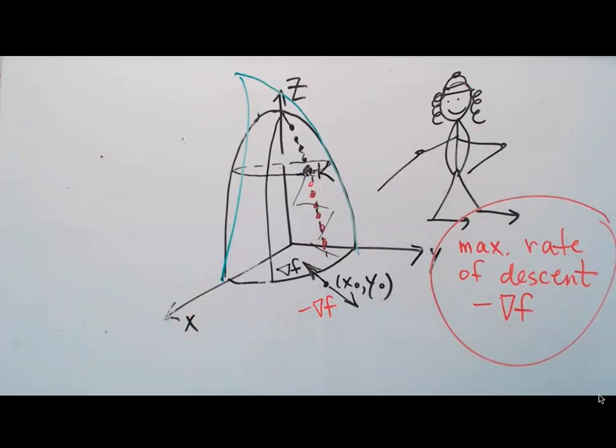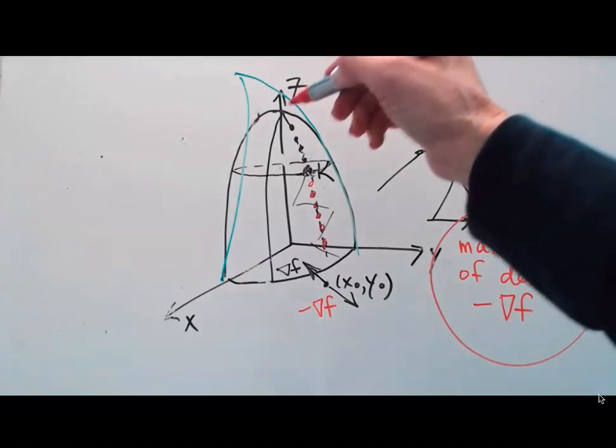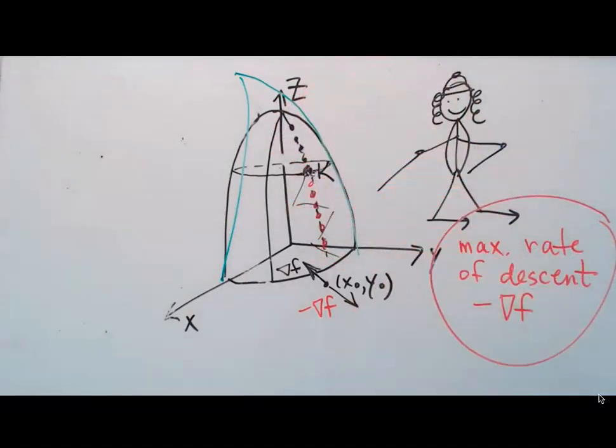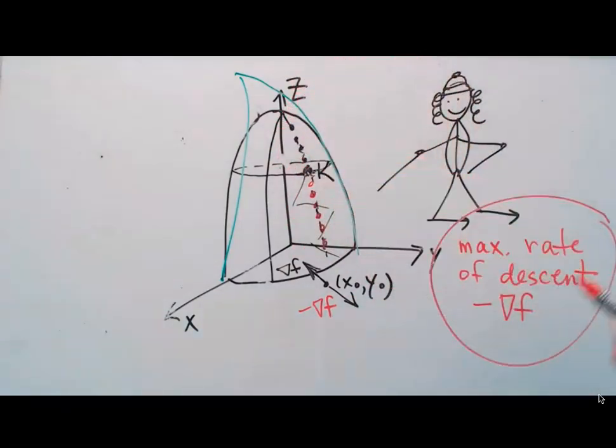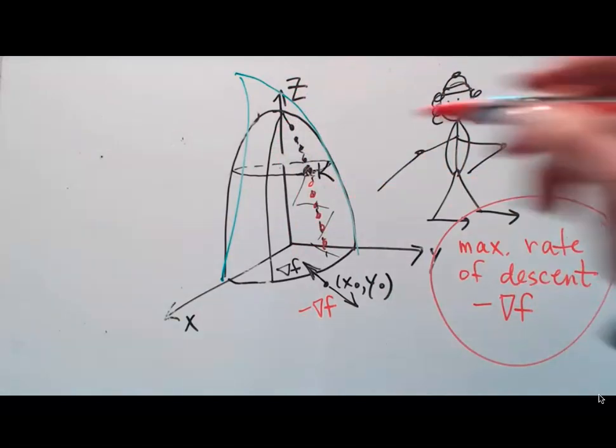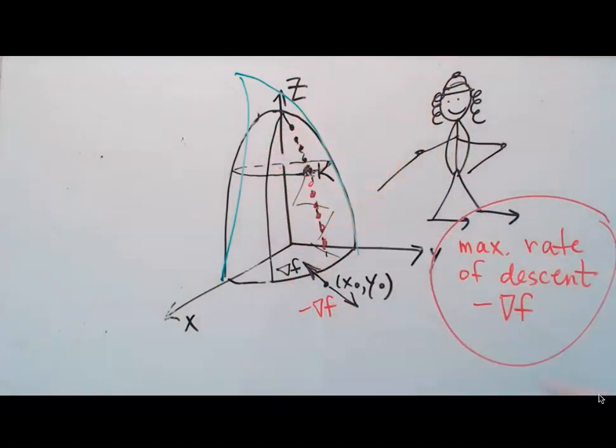Now, this property of the gradient is extremely important. If you've ever seen water trickling down a mountainside from a stream, it always takes the path of maximum descent. That means that at any given point, the water will travel in the direction of the gradient. And many of the fundamental applications of the gradient depend on those properties.